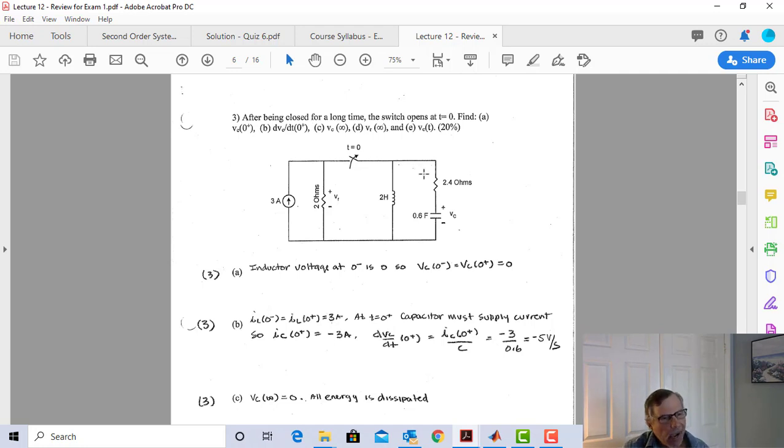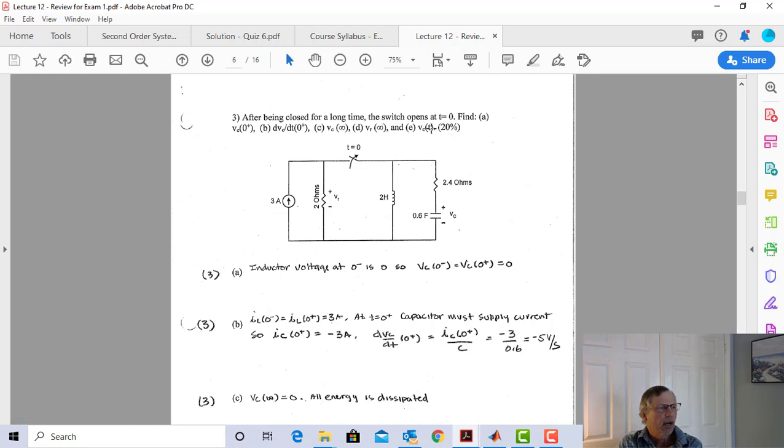So 0 volts here, no current here, so that means no voltage drop here. So at t equals infinity, this thing's dead. I got nothing going on. No current, no voltage. Okay, so now I'm satisfied with my triage.